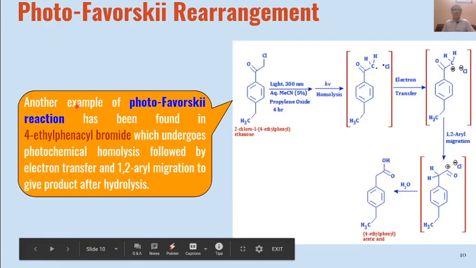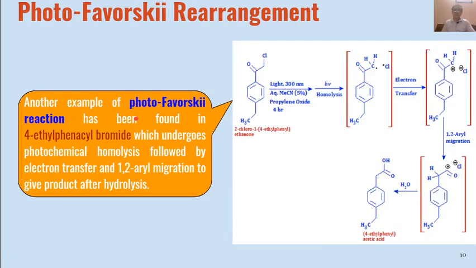Then another example of photo-Favorskii rearrangement is found in these types of substrates. These are again phenacyl chlorides. Only difference is that instead of phenolic, they are substituted by alkyl side chain.